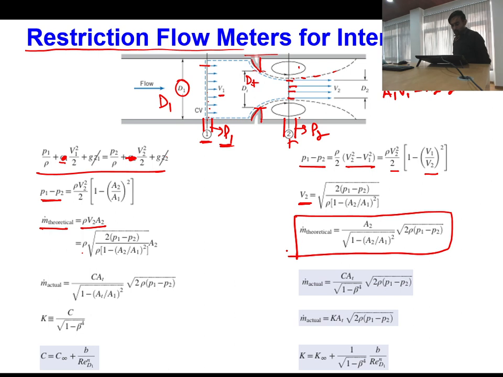That's why we have to multiply some coefficient to the theoretical mass flow rate in order to get the actual mass flow rate. This particular coefficient is called the discharge coefficient.